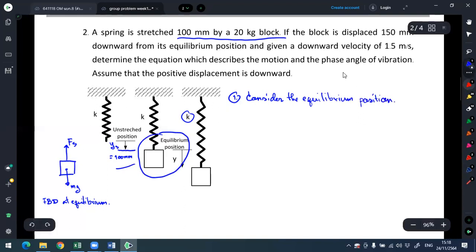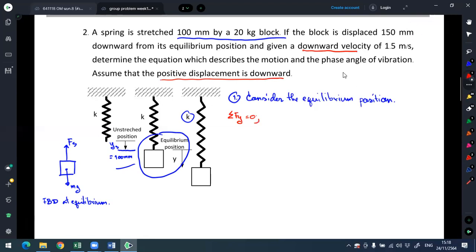from equilibrium position, we found that summation Fy becomes 0, right? Right now, we may set up downward as the positive, following the kinematic sign convention.